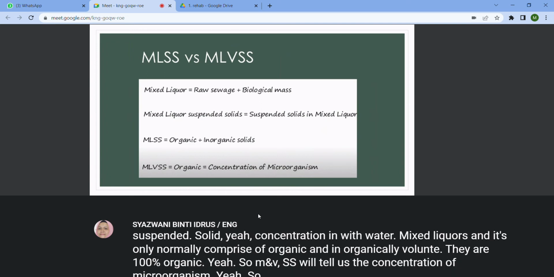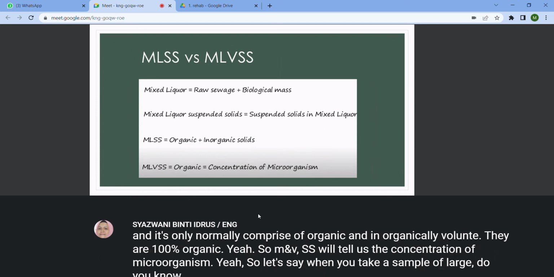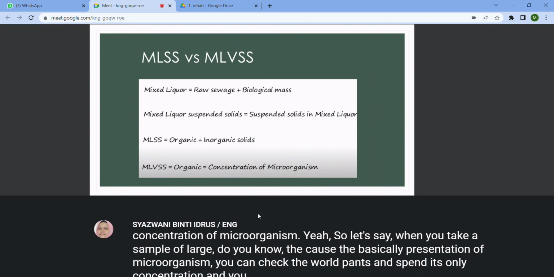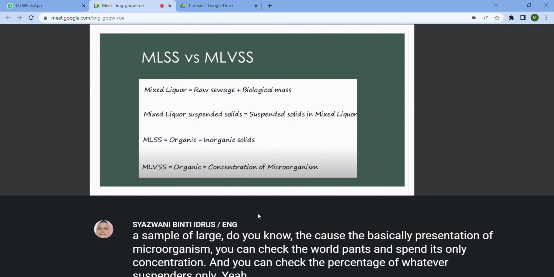Let's say when you take a sample of sludge, to know the percentage of microorganisms, you can check the percentage of volatile suspended solids.